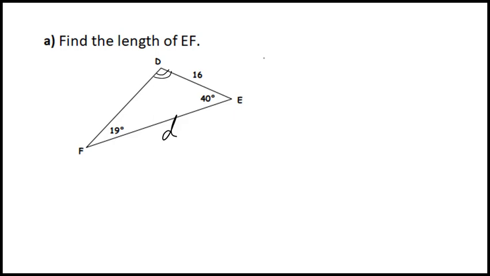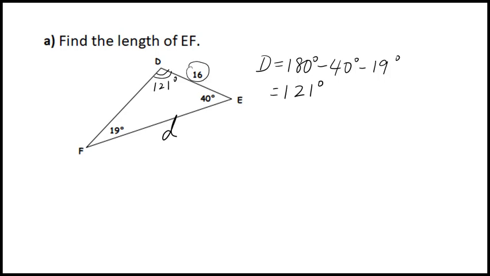Therefore, this angle D equals 180 degrees minus 40 minus 19 degrees. So you get 121 degrees. We will label it here as 121 degrees.